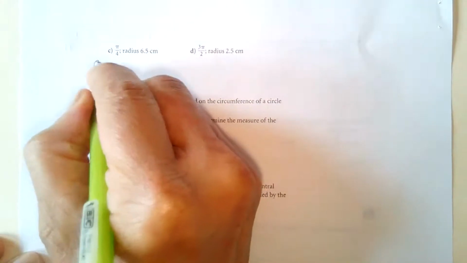Continue. Arc length is theta times r. We have pi over 4.